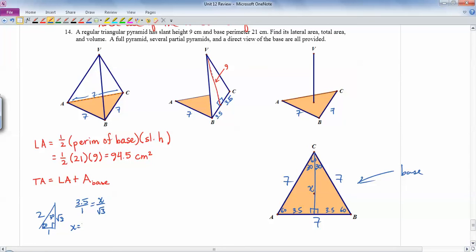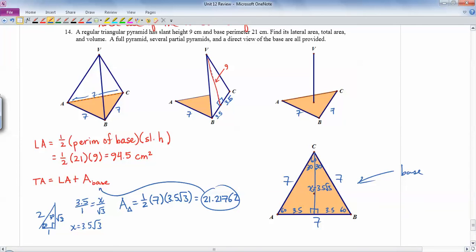So then x is going to be 3.5 root 3, which means that the area of this whole triangle would be 1/2 the base, 7, times the height, 3.5 root 3. And then if you work that out, that's 21.21762. So that's the area of the base.